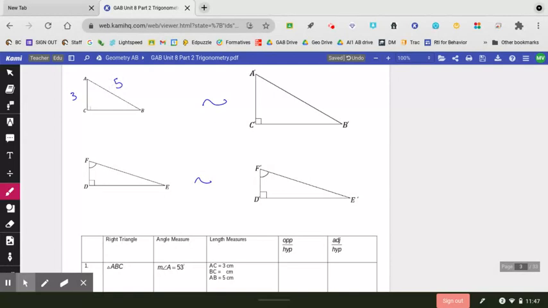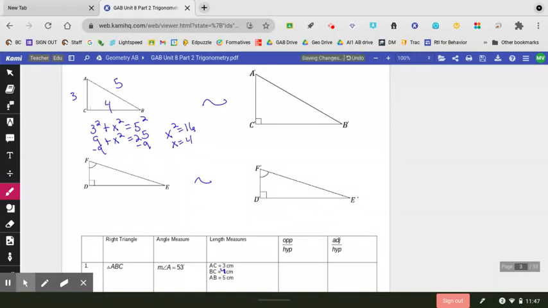To figure out BC, we do the Pythagorean theorem: 3 squared plus x squared equals 5 squared. So that's 9 plus x squared equals 25. Subtract 9 from both sides, and we get x squared equals 16. So x equals 4. So BC equals 4.